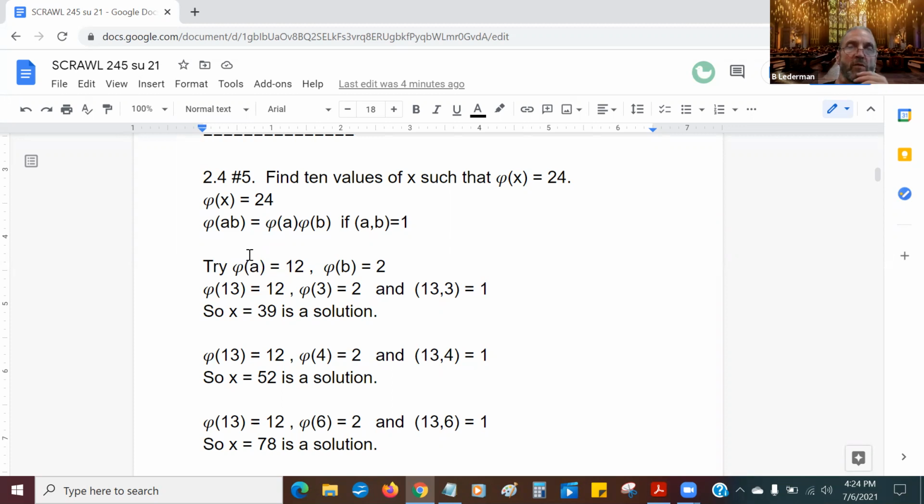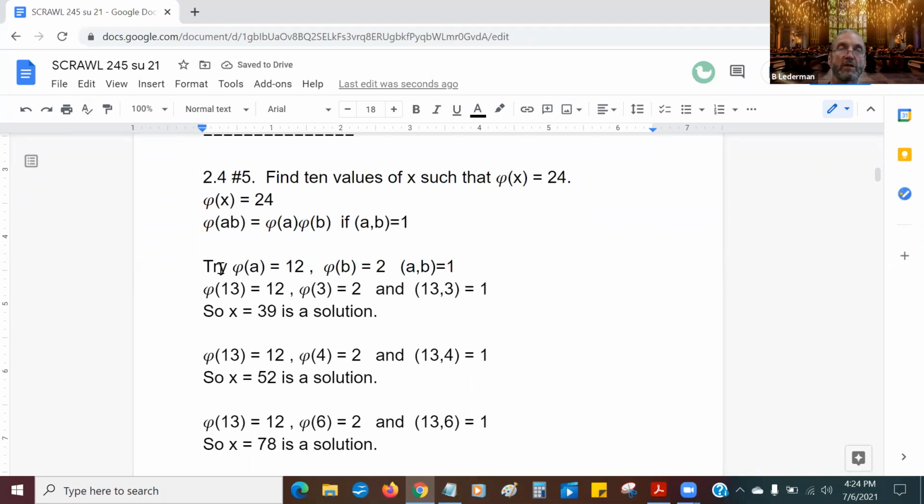So let's pick an A and B. Let's try to find an A where phi of A is 12, and we'll try to find a B where phi of B is 2. And of course, we're going to want A and B to be relatively prime.